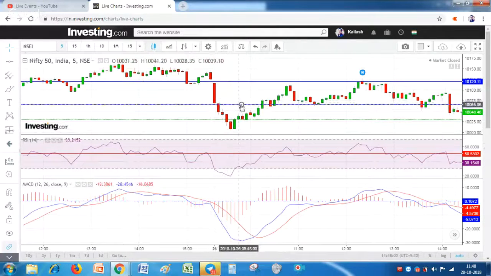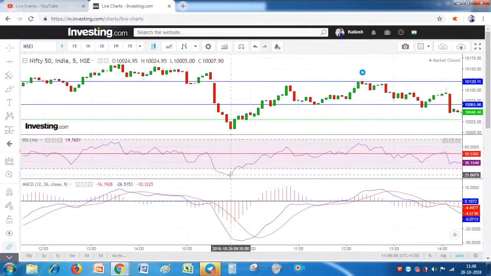And what was the risk? The risk was 65 or so. Okay, so friends, it's a good trade. We would have taken an exit somewhere here.